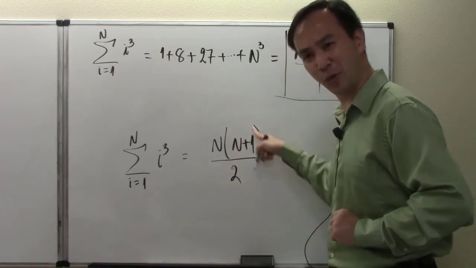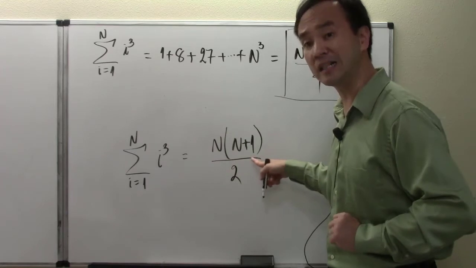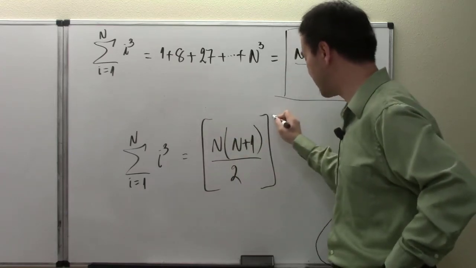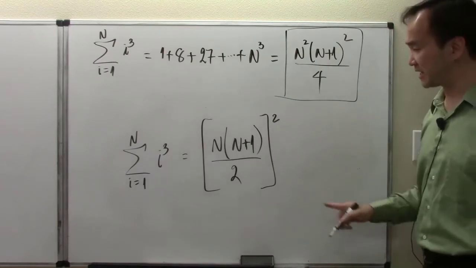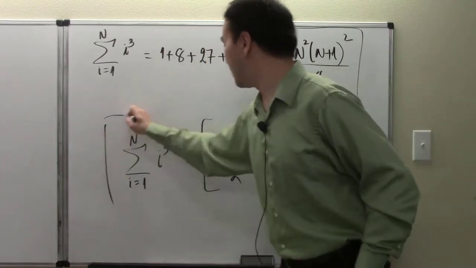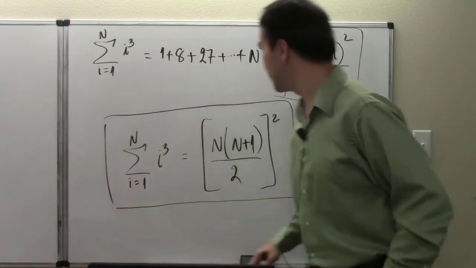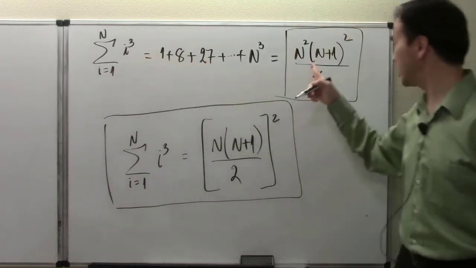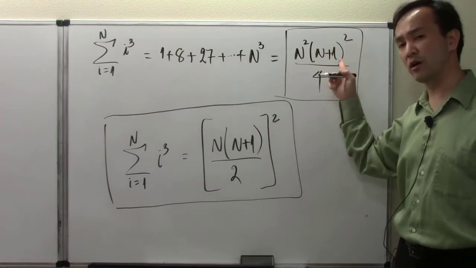Recognize this? This was from the summation of all the i terms, no power. But then we raise that final answer to the square. So that's another way of explaining this. But you can also take the summation of all the i cubed terms to equal n squared times n plus 1, all squared, over 4.